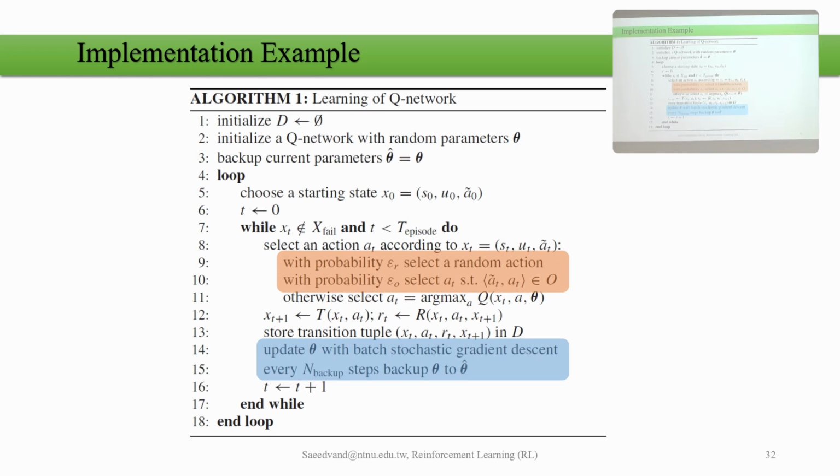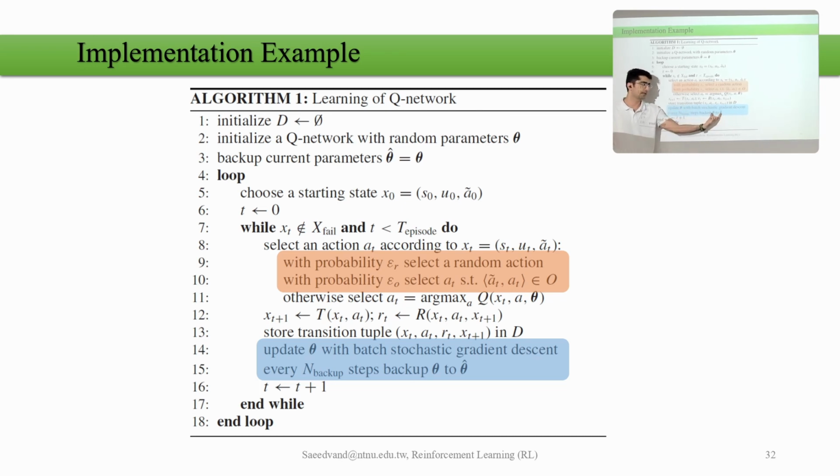Then I stated the whole algorithm that they proposed here, and I indicated the differences. What are the differences with what we studied in the general and original paper for deep Q learning? You can see a little bit of change in the probability of selecting a random action over here, and most importantly, they have the update of theta with a batch of stochastic gradient descent, and they are doing the backup of theta to theta predict.